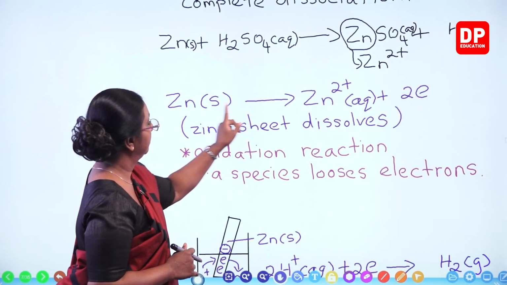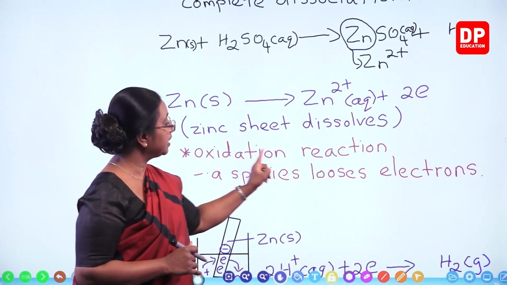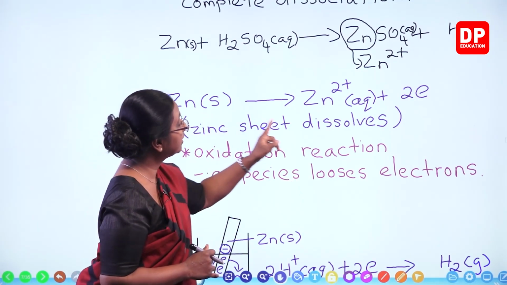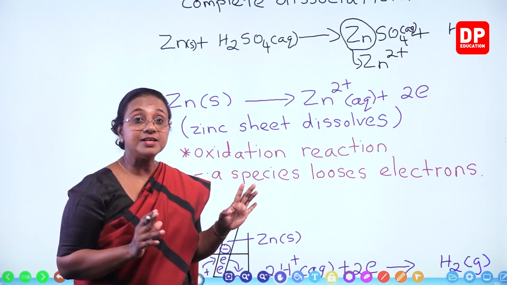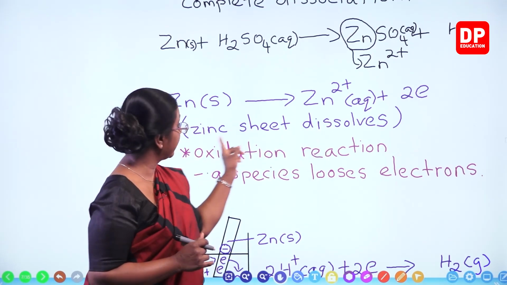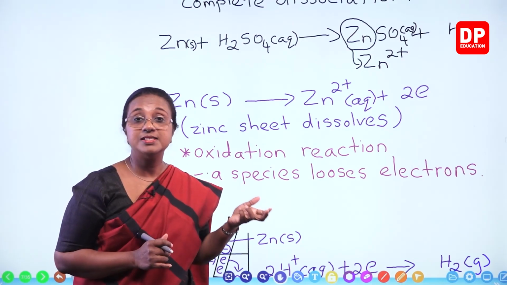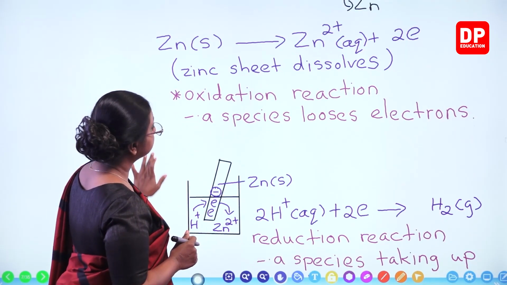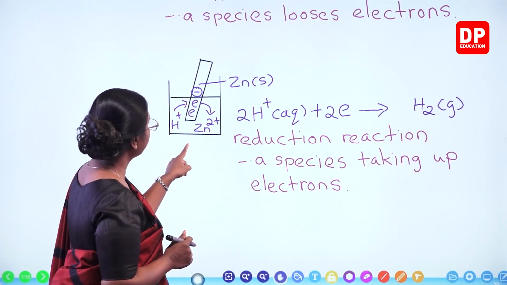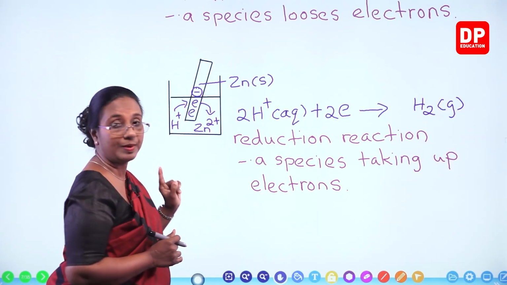Here, zinc solid becomes Zn2+ aqueous by losing electrons, and that reaction is known as oxidation. So we can say zinc gets oxidized. That is what we see as the zinc sheet dissolving. When you put zinc into dilute sulfuric acid, zinc loses electrons and goes into the solution as Zn2+ ions.